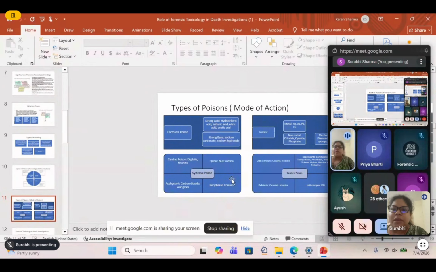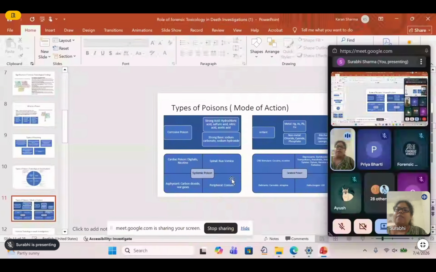For example, nux vomica. Then we have asphyxiants, which affect our lungs, in which we have carbon dioxide. Most common is carbon monoxide poisoning, in which our hemoglobin becomes rich in carbon monoxide instead of oxygen, causing carboxyhemoglobin, and which causes death.